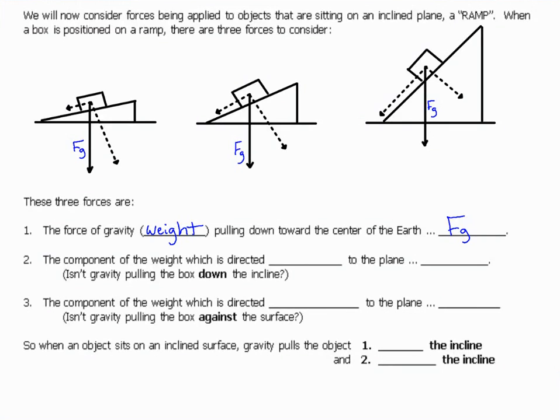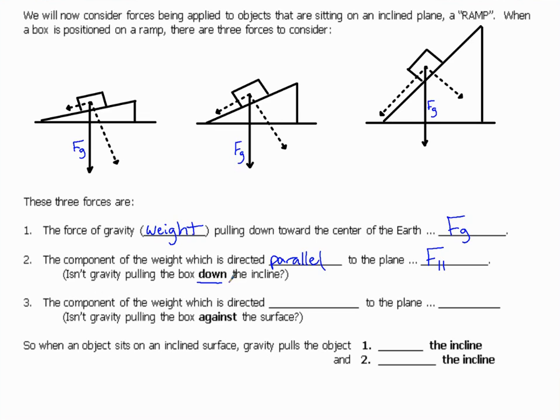The second thing is the component of the weight which is directed parallel to the plane. And this one is called the force parallel. So this is the gravity pulling the box down the ramp.